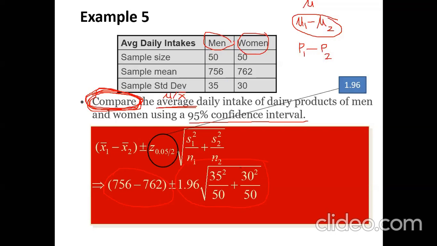But some questions may be a bit tricky, so read carefully which one is sample 1 and which is sample 2.